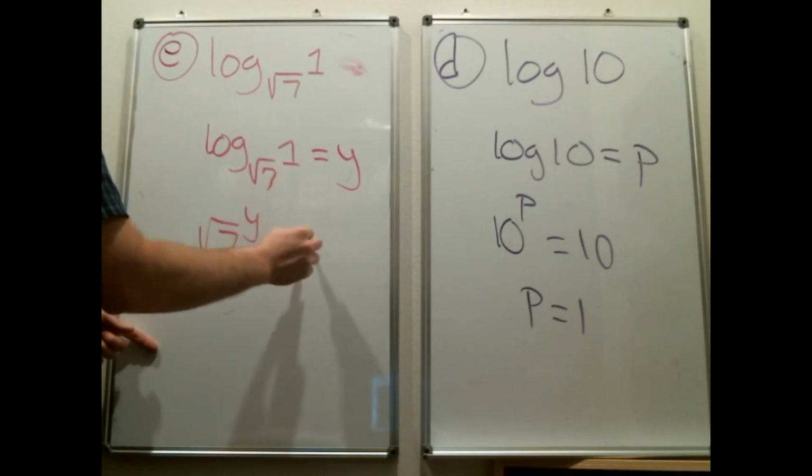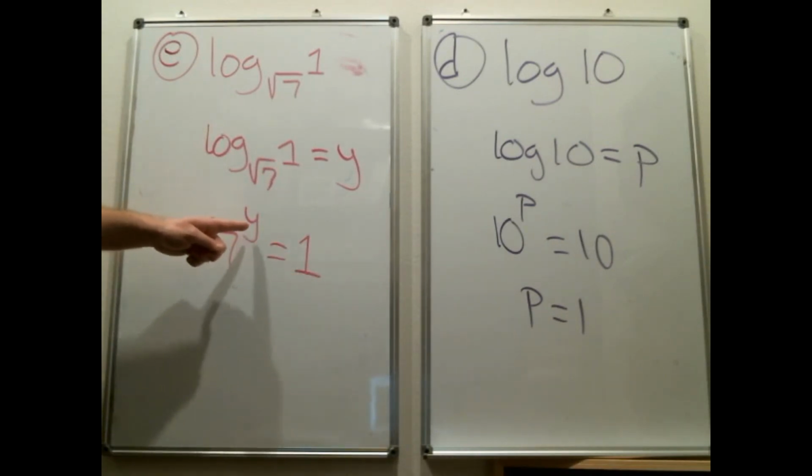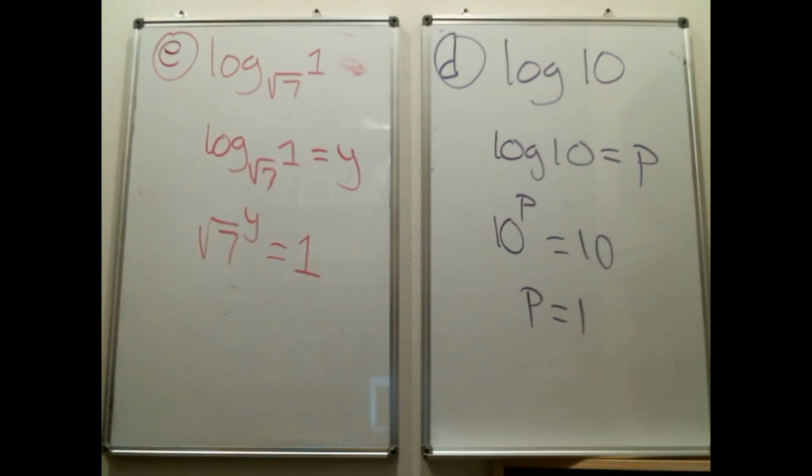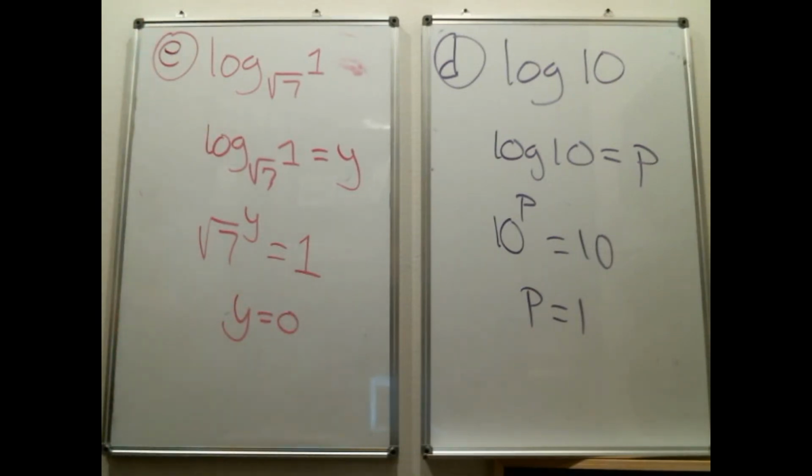And that's equal to what's left over, which is 1. So what does this exponent have to be so that it equals 1? I'm giving a pause so you can think about it. This has to be 0. Okay. Pause it if you need to and think about what the shortcut is on this one.